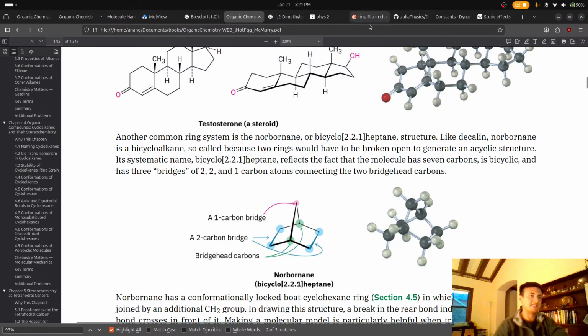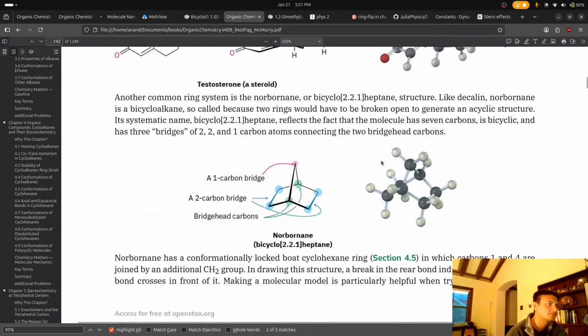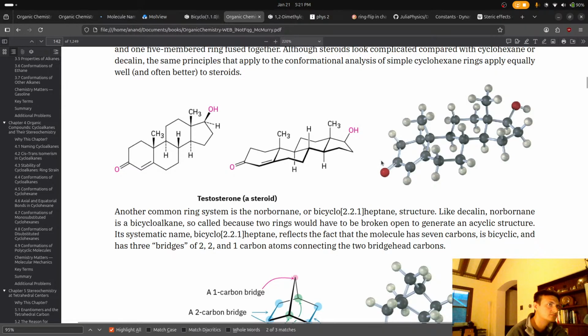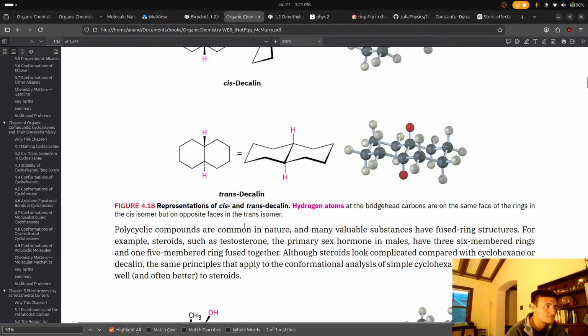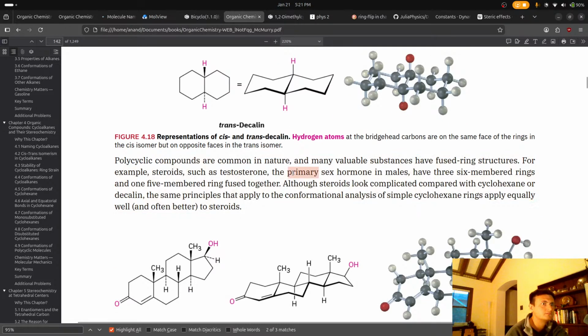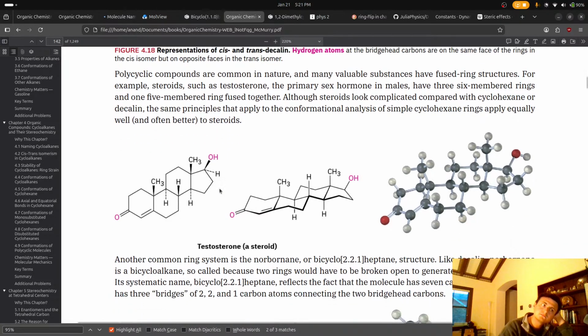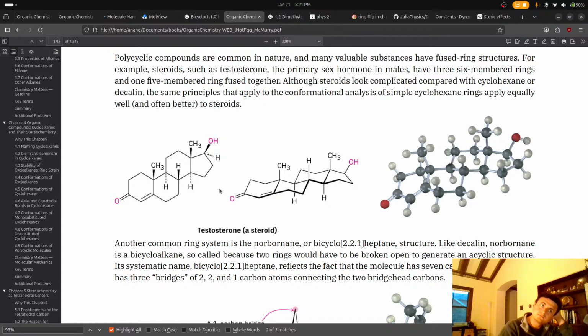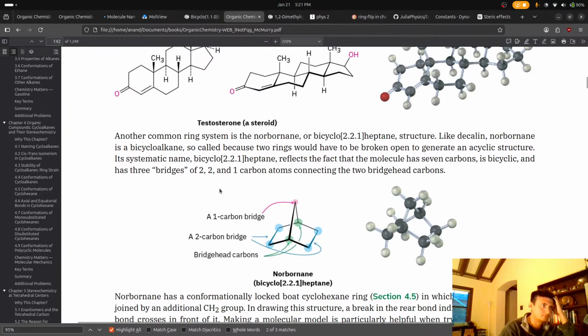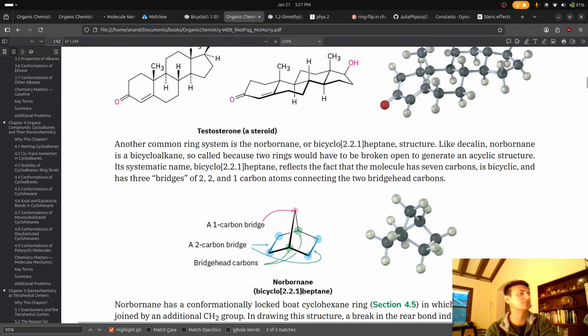Oh, here we go with this bicyclo stuff. I need a 3D model of this to play around with.